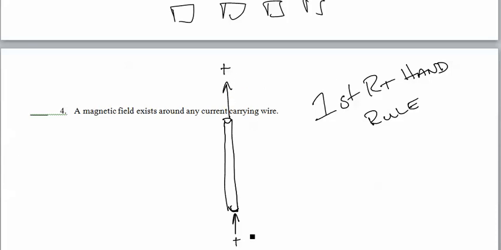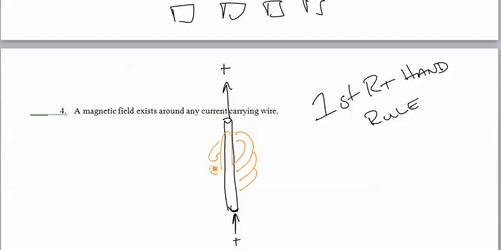The right-hand rule tells us that if you take your thumb and put it on here in the direction that the current is going, then wrap your right hand around here, so that my fingers would be coming out around this side.